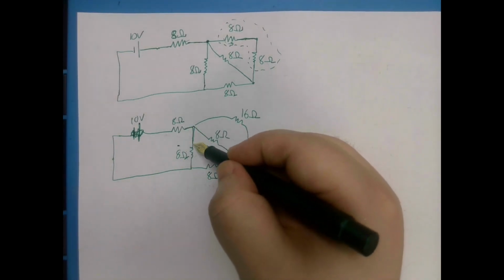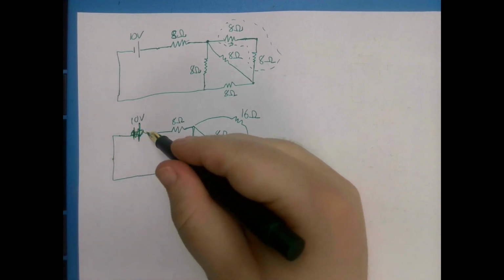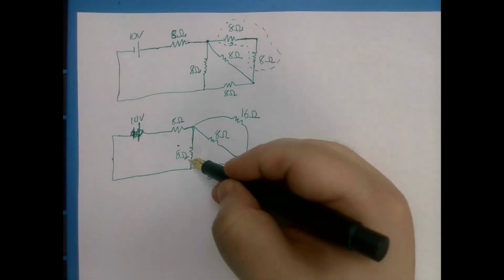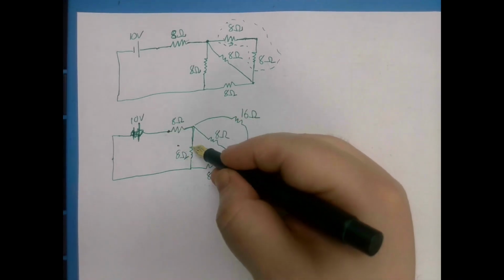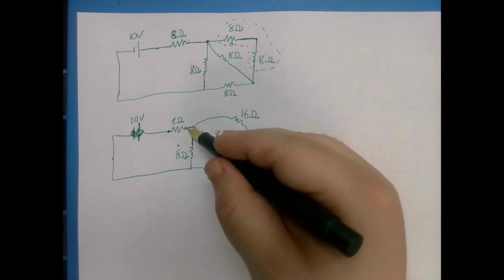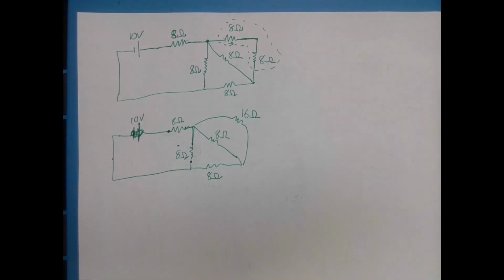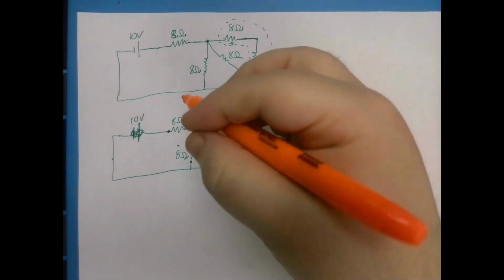So we can connect it right here, but then when I try to connect it right here, I pass through the battery, and when I go through this way, I pass through this one. So there's no way to get to this side of the battery. We can connect these two right here, obviously, as there's a straight path, but there's no way to go from this terminal to that terminal without passing through something. So let's cover all.